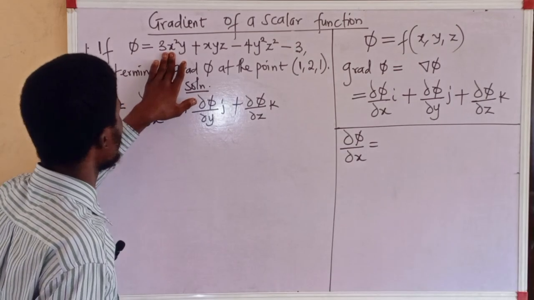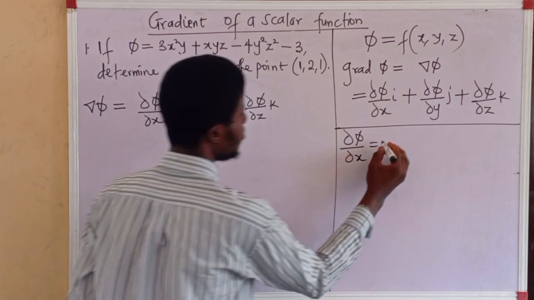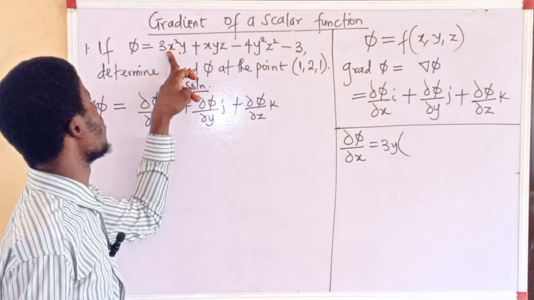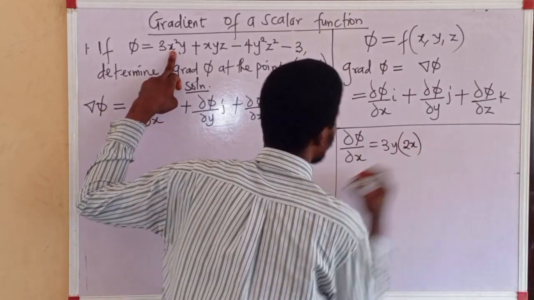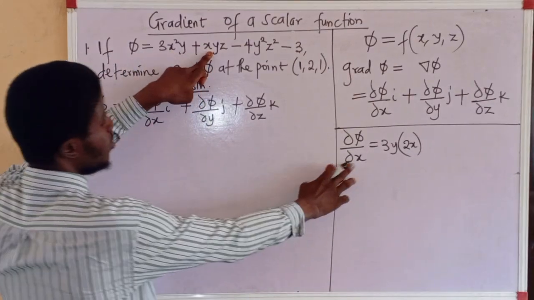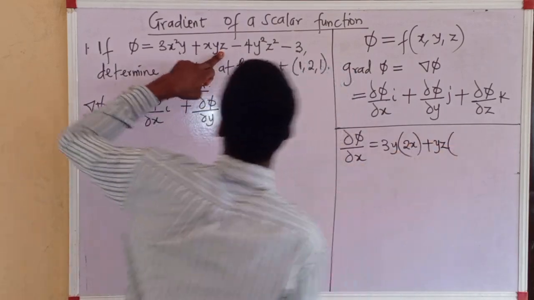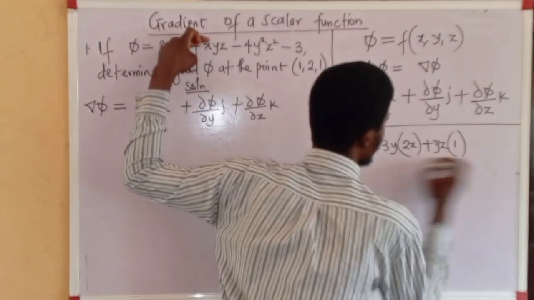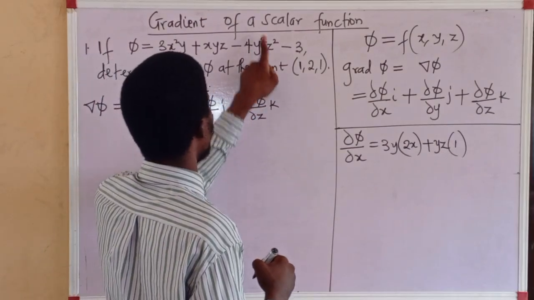So if we differentiate this with respect to x, we are going to take 3y as a constant, then differentiate x squared with respect to x. That gives us 2x. That's for this term. Then let's come here. We are differentiating with respect to x, so yz will be taken as a constant, and then we differentiate x with respect to x, and that will give us 1. And here we have 4y squared z squared.